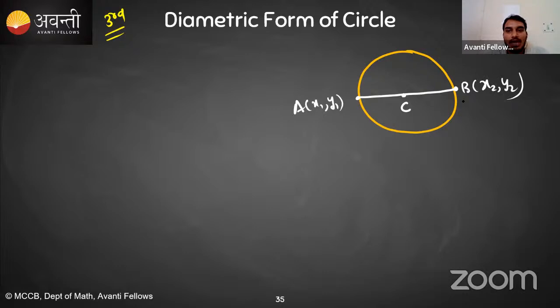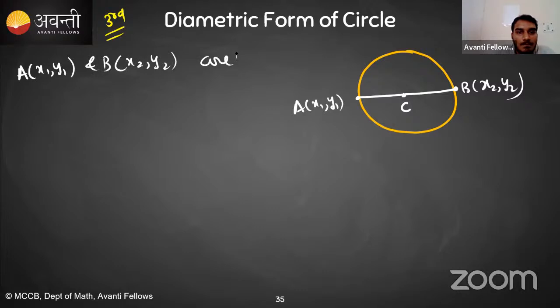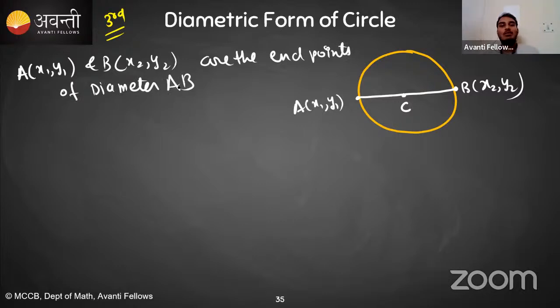A and B are the end points of the diameter AB. So if this is given, how will you find the equation of the circle?